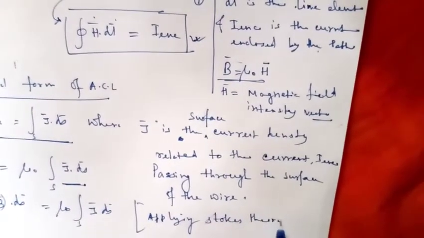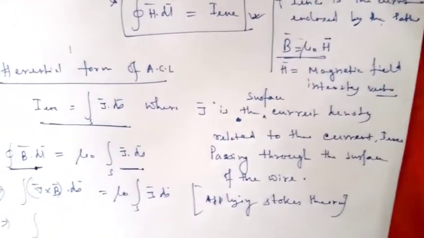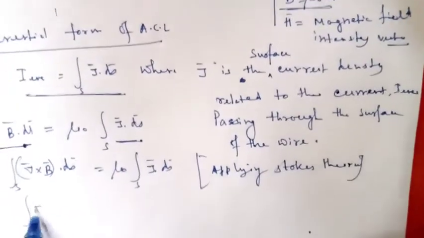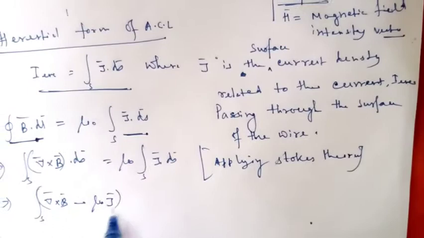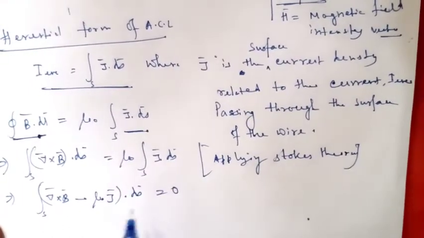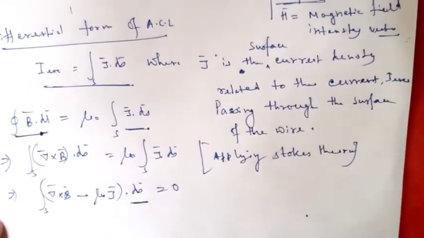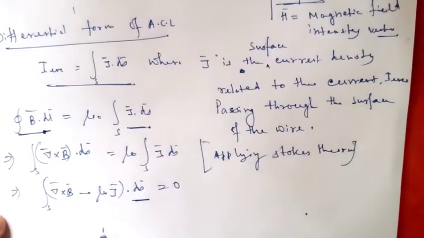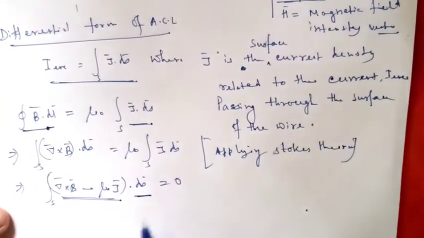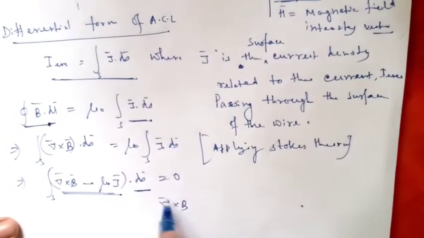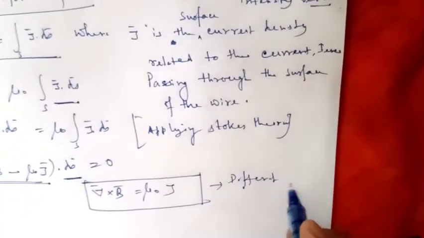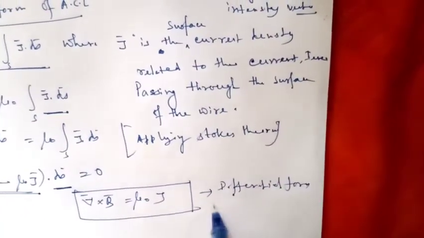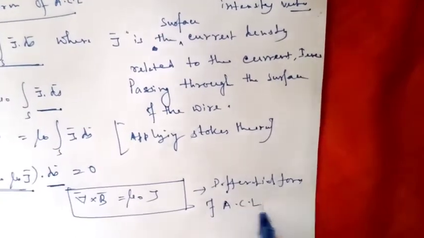Applying Stokes theorem, now ds is an arbitrary surface area, ds not equal to 0, so the integrand must be 0, that is curl B equal to mu 0 J. This is the differential form of Ampere's circuital law.